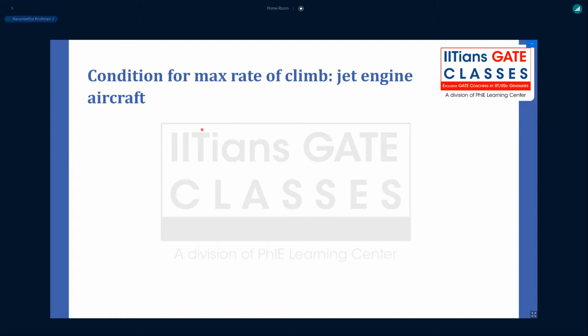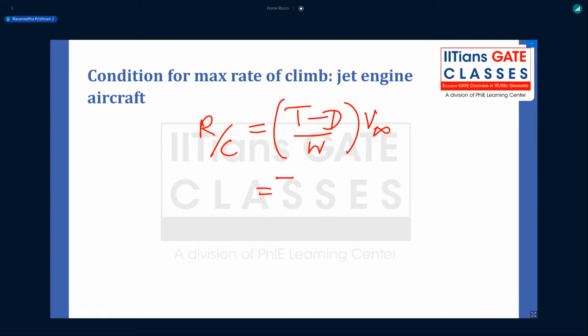So, rate of climb is defined as thrust minus drag divided by weight, into velocity. So I write this equation differently: thrust by weight minus drag by weight, into free stream velocity.